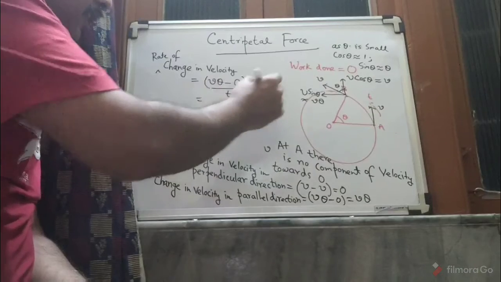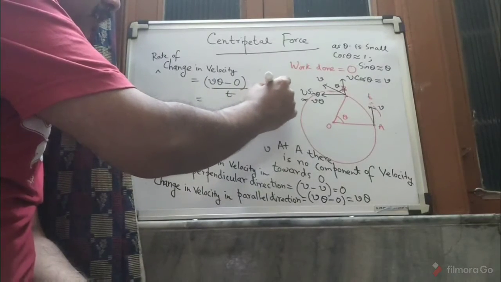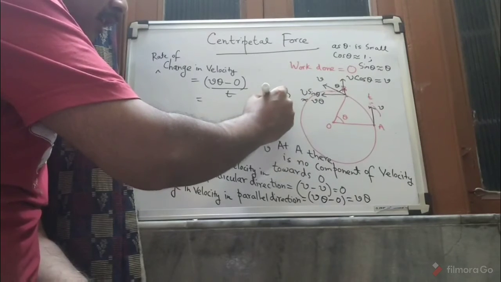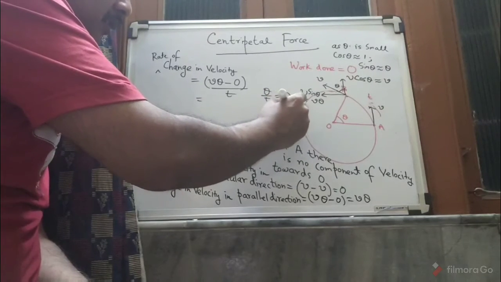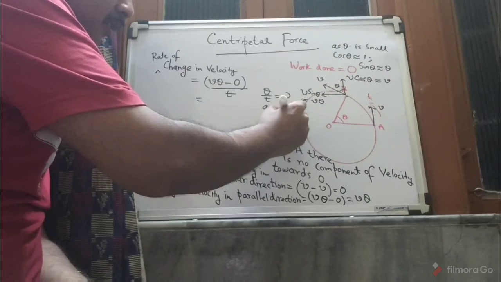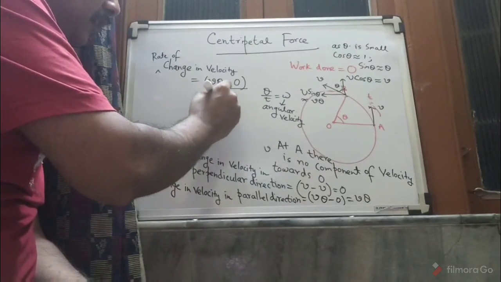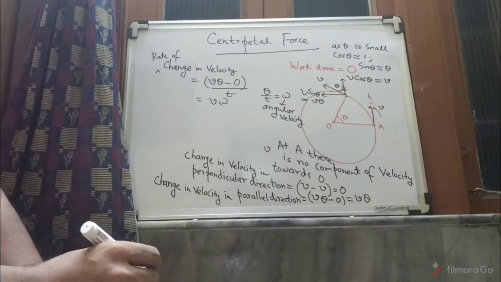Now, theta by t is nothing but omega, which is called the angular velocity. So this is v times omega.